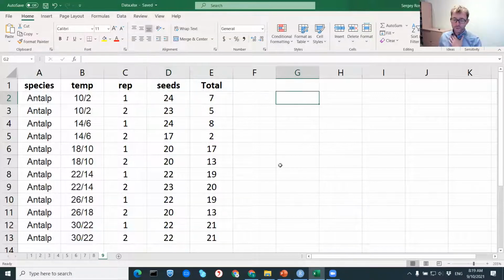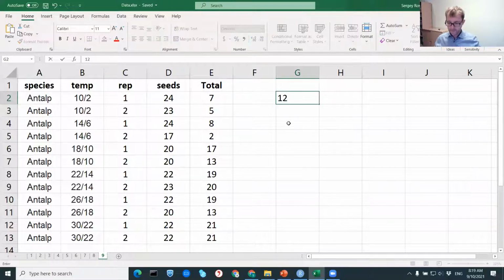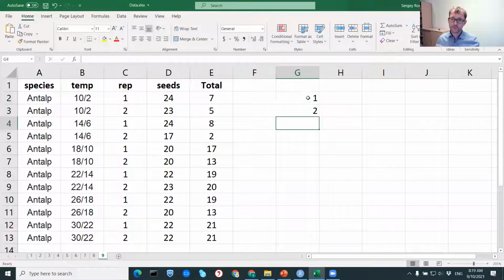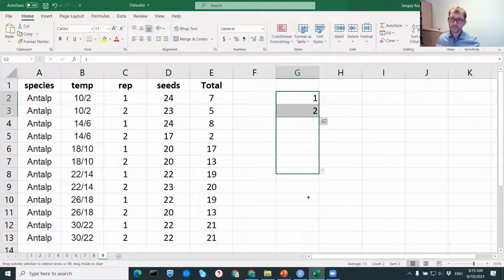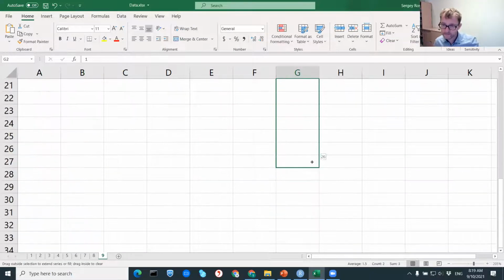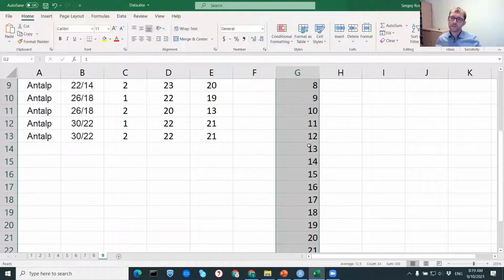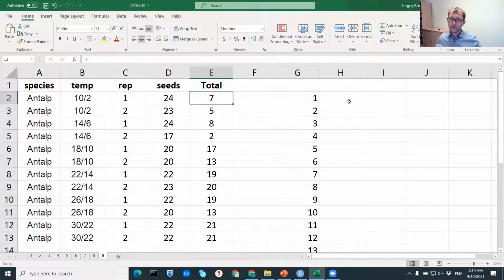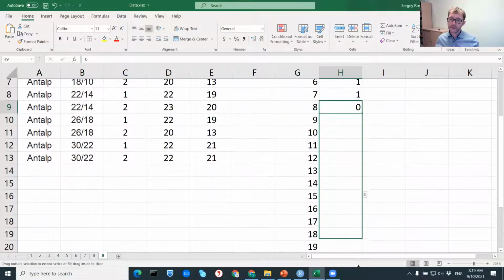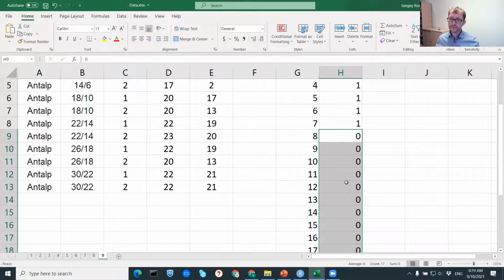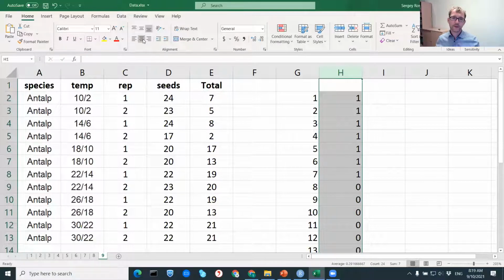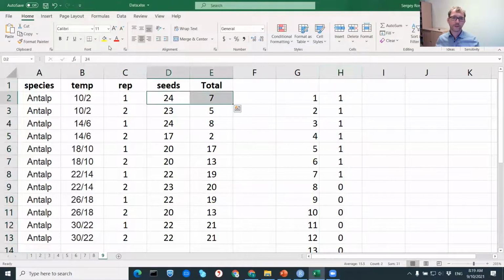So another way of using this data: I have 24 seeds in a Petri dish, and 7 of them germinated, and the remaining 17 did not, right? So this is basically another way to look at your data.